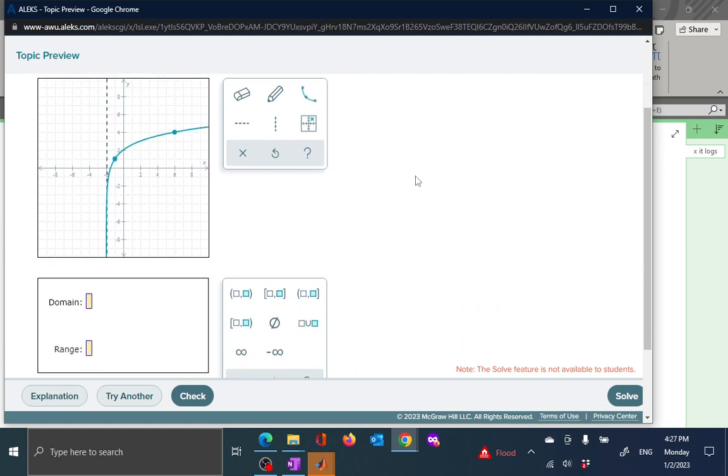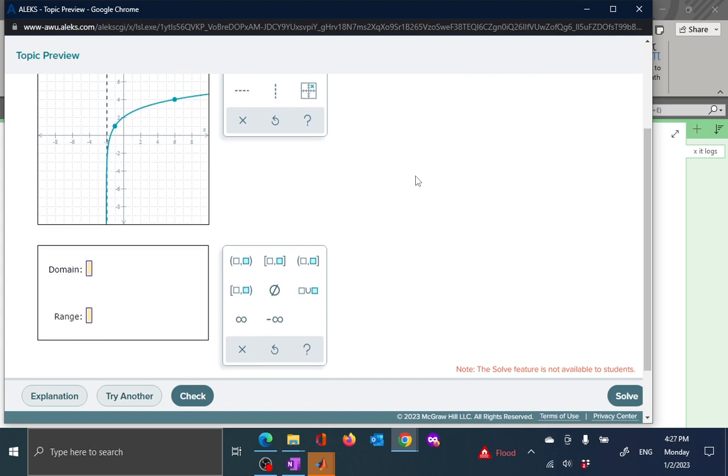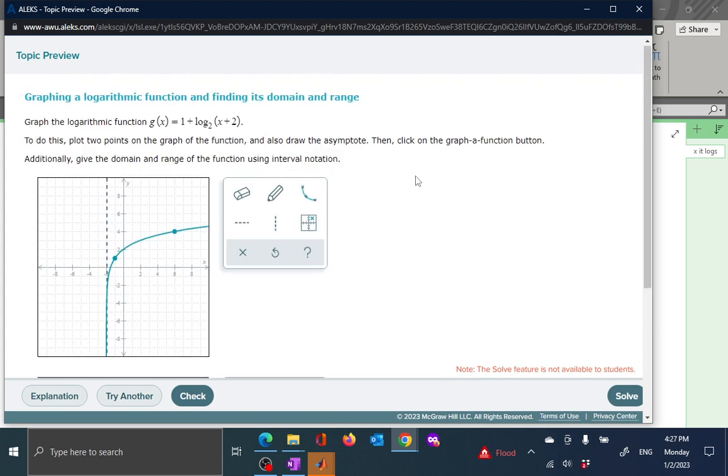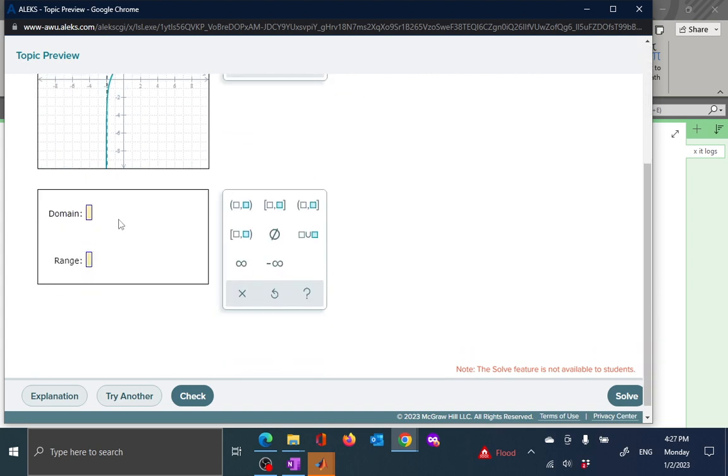Of course, now you want to do this also by hand. For the domain, we said we are going to be shifting to the left. So for the domain, we start from -2 and go all the way to infinity.